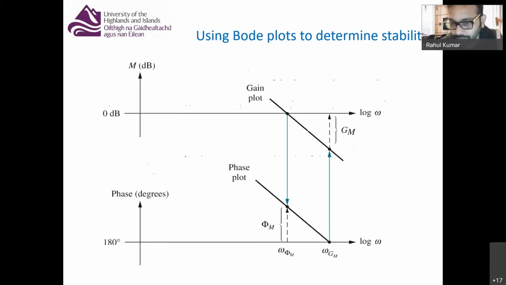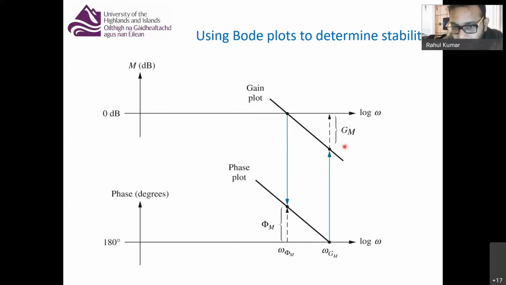Let's see. Okay. So let's assume that this is my magnitude plot and this is my phase plot. I'm getting some line with a certain slope. Okay. So we start from the magnitude plot and we look for the 0 dB line.